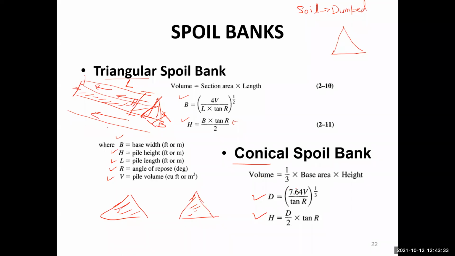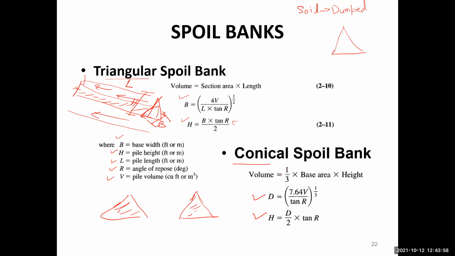Okay, so here we look at this factor 7.64. This factor has come from, I think, pi. Okay, so in geometry there is a formula for the volume of the cone. If we apply the same formula over here, we can get the same result. Volume is equal to 1/3 times the base area times the height.